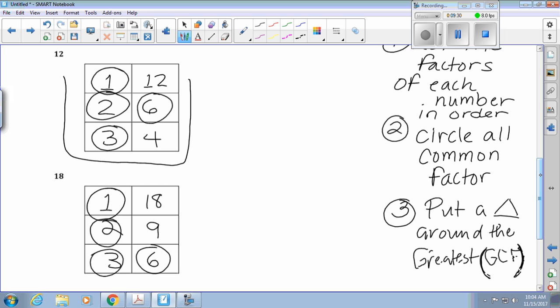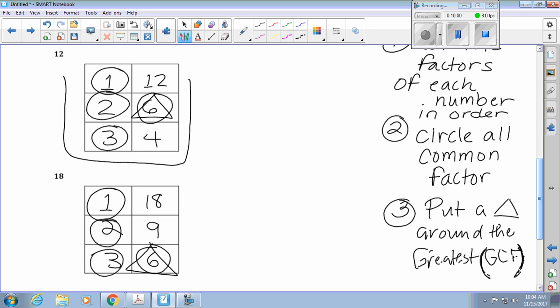So out of all of those numbers, which is the greatest? Mario. 6. Does everybody agree? 6 is the biggest number they have in common. So we're going to put a triangle around that. Now, as much as New York State tells us that we should put this triangle around that, that is not a universal math symbol for greatest common factor.